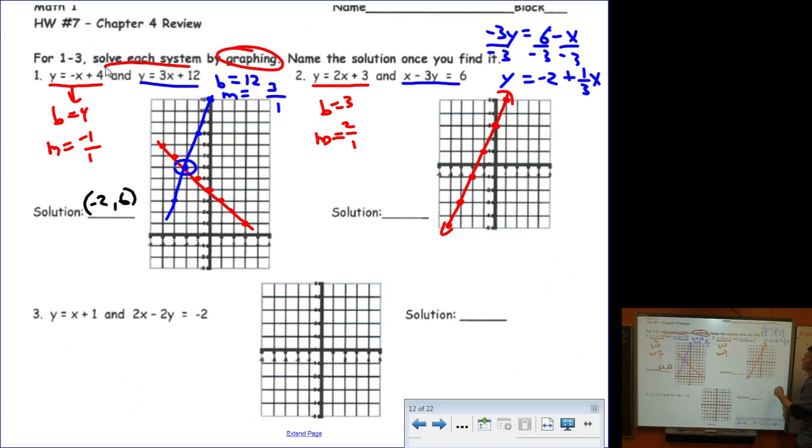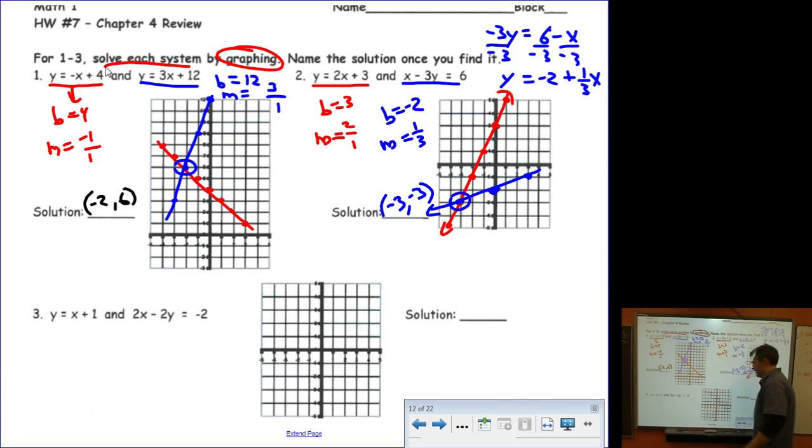So that one has a y-intercept of -2 and a slope of 1/3. So I'm going to put a dot at -2 on the y-axis. I'm going to go up 1 and right 3, or down 1 and left 3. And it looks like my point would be at -3, -3.